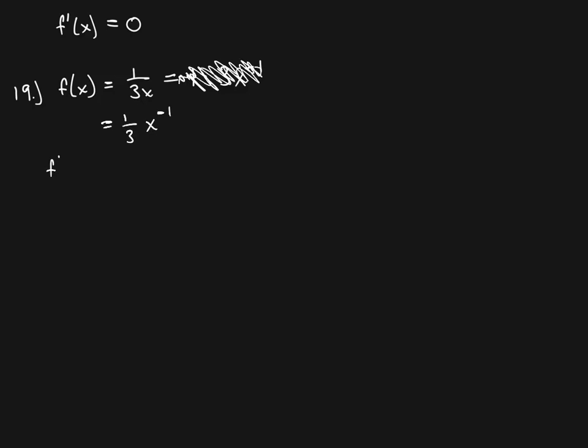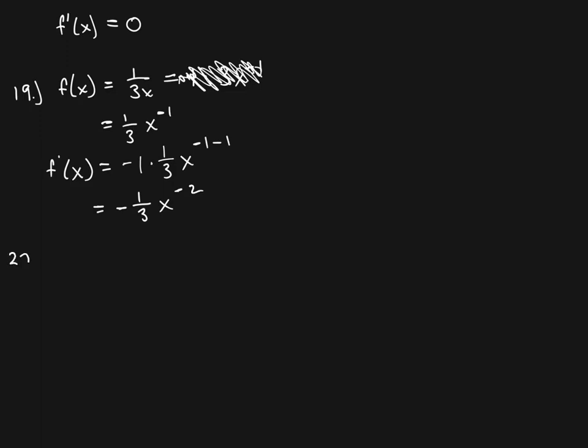So f prime of x is equal to negative 1 times 1/3 x to the minus 1 minus 1, which is equal to negative 1/3 x to the minus 2. So there you have it. Negative 1/3 x to the minus 2 power is the derivative of 1 over 3x.